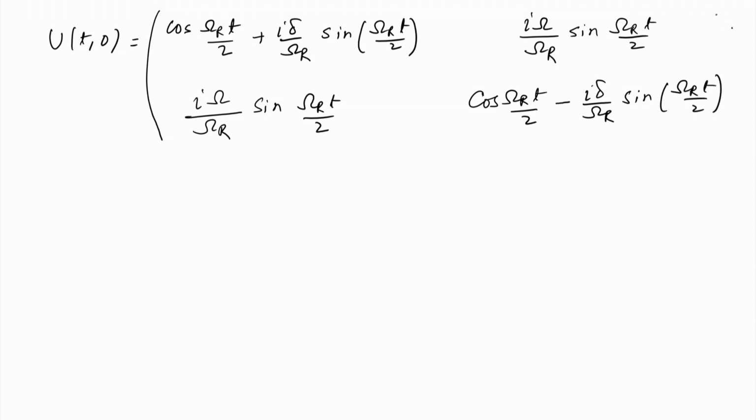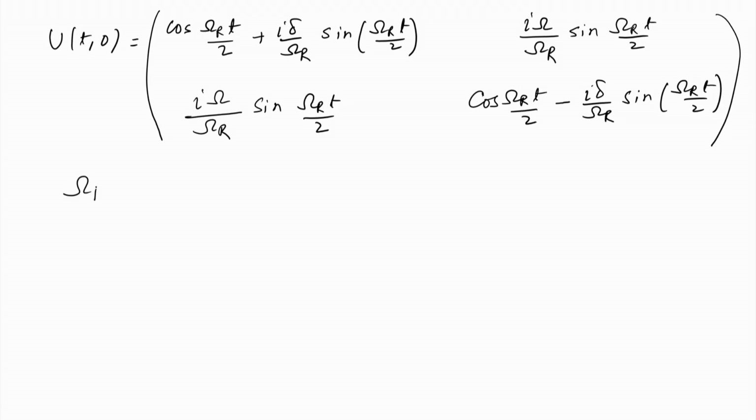So, that is the form of U(t, 0). It is a little complicated, but it is still a 2 by 2 matrix which you should be able to handle. And as we have said earlier, omega r is simply the generalized Rabi frequency.